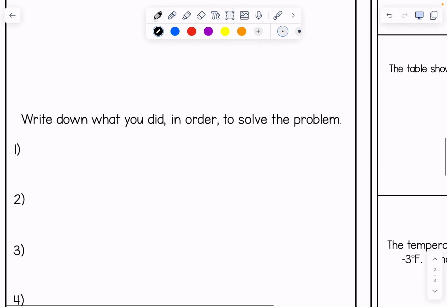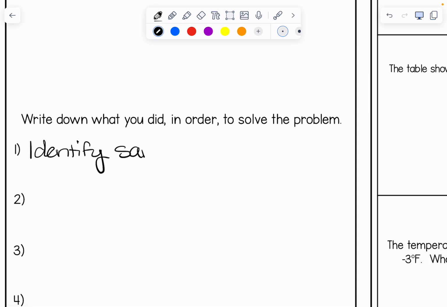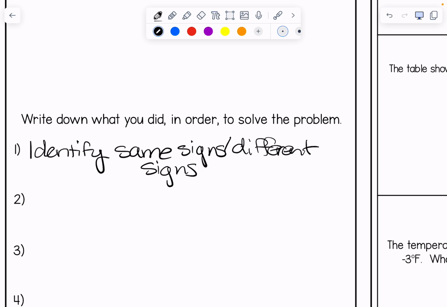So what I did was I identified same signs or different signs. I'm going to subtract absolute values.